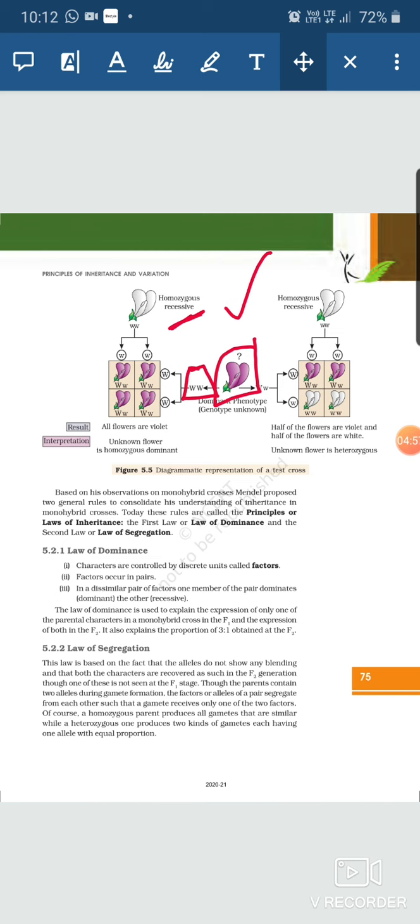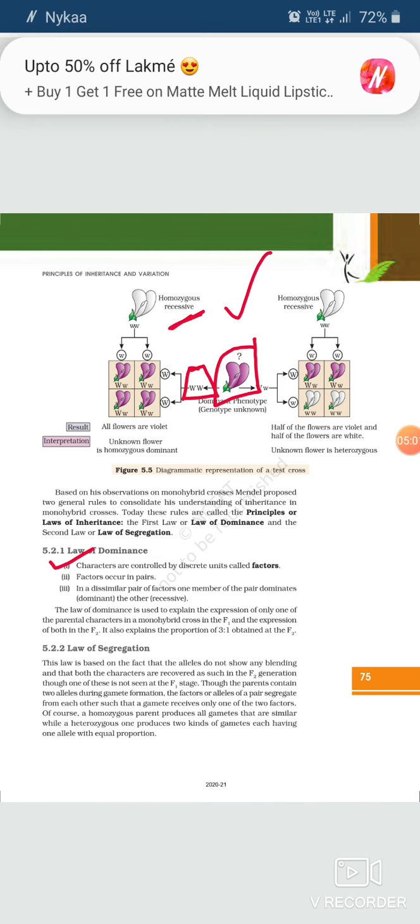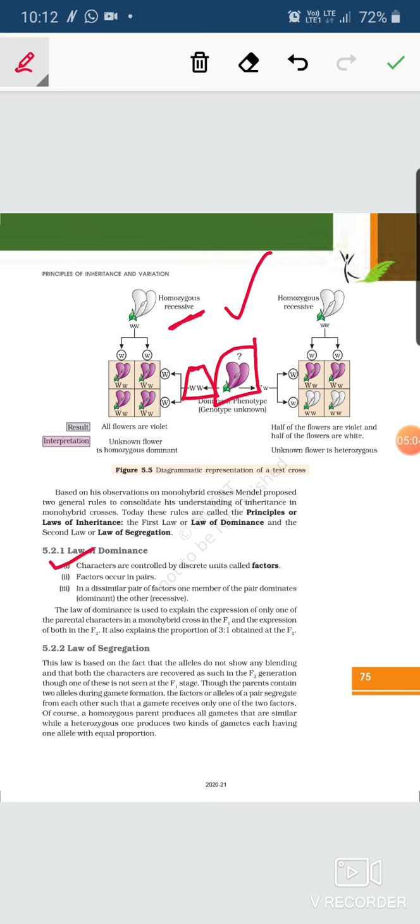In the law of dominance, it is given that all the characters are controlled by discrete units, which are known as factors. Now we call a factor a gene, and all the factors occur in pairs, and in a dissimilar pair of factors, one member of the pair is dominant and the other is recessive.